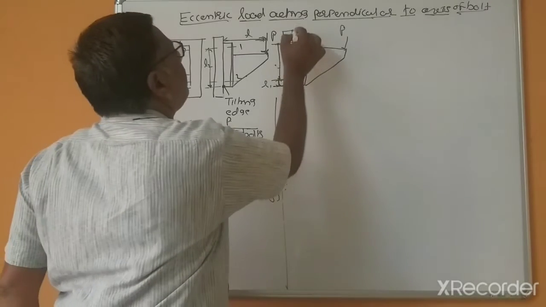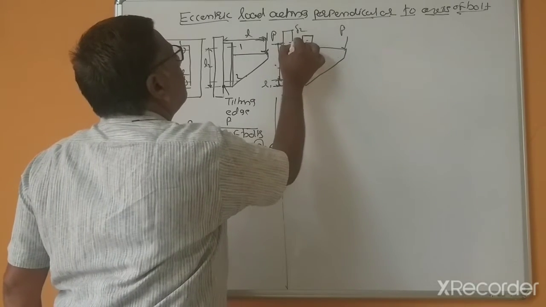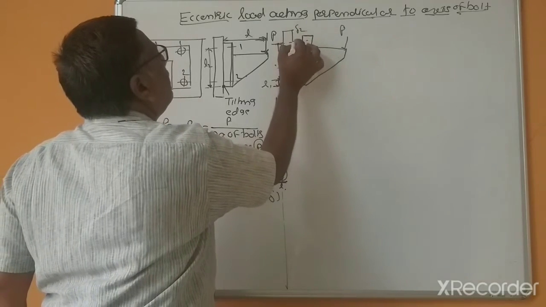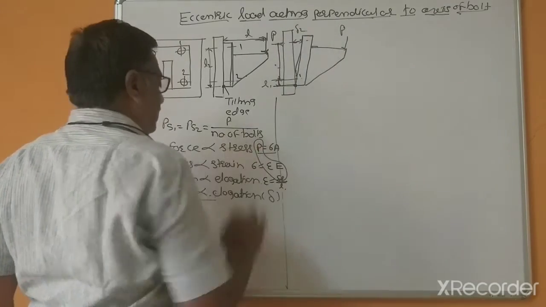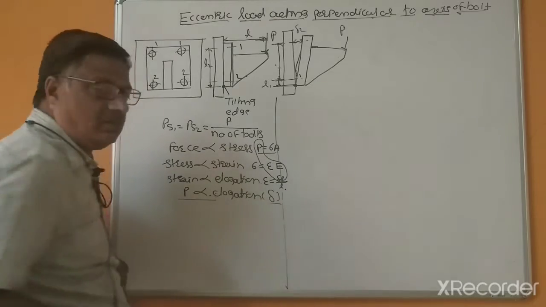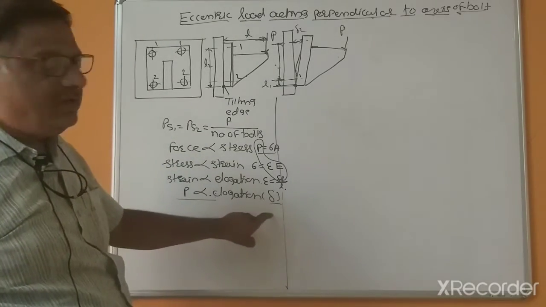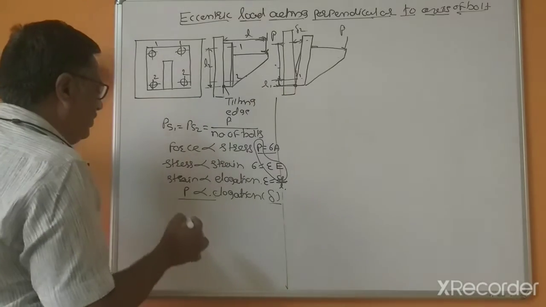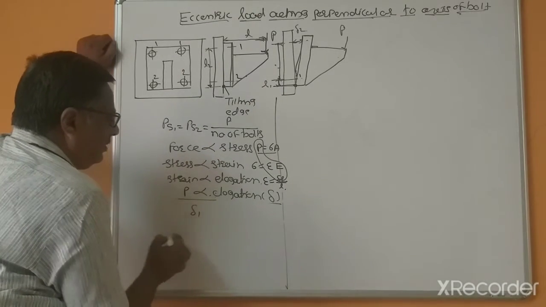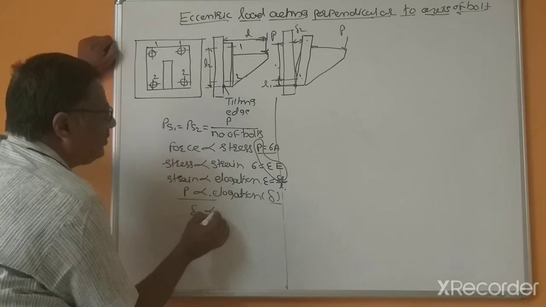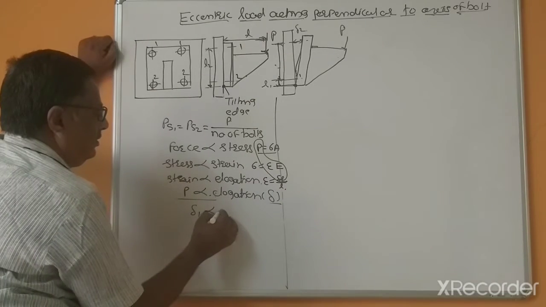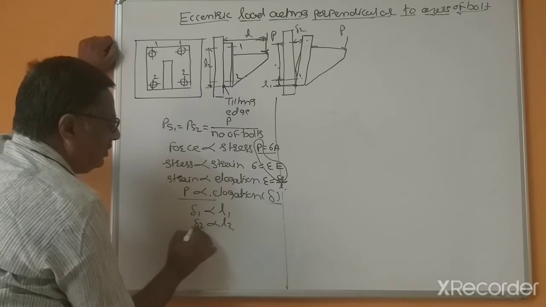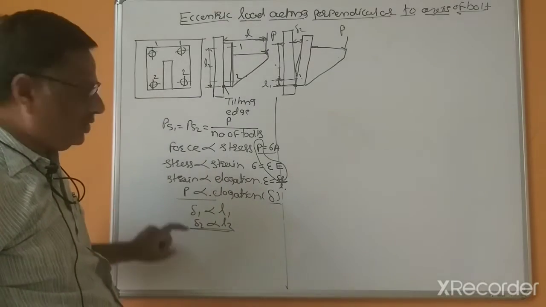Suppose this is delta 2 and this distance is delta 1. Now this delta 1 or delta 2 depends on this distance. Delta 1 is directly proportional to L1, and delta 2 is proportional to L2.